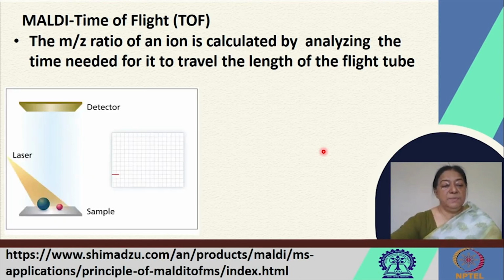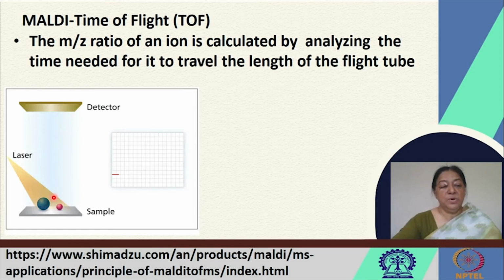This is a typical example of how this takes place. So here we have our analysis in this inset here, where we have the sample on this plate mixed with the matrix. We have the laser on the matrix plate.